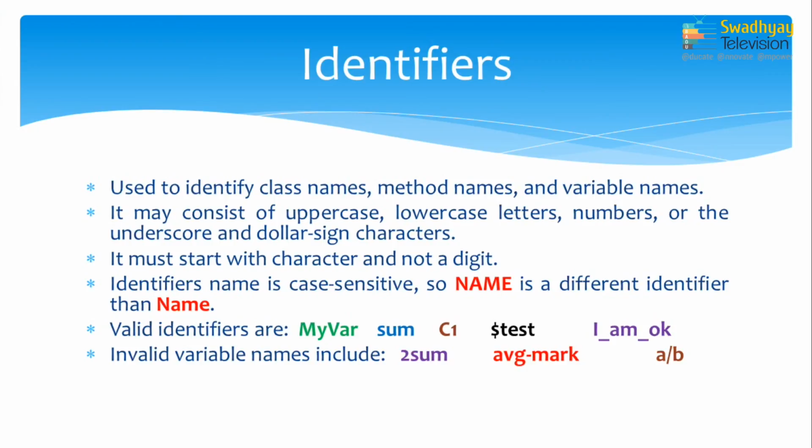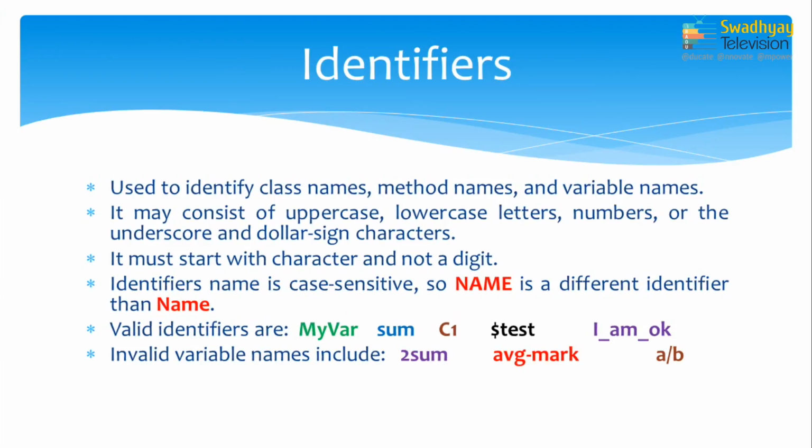It may consist of uppercase, lowercase, numbers or the underscore and dollar sign characters or any combination of these. But what you have to remember is you cannot start identifier names with a digit, it should start with a character only. Again, they must not be reserved words or keywords.